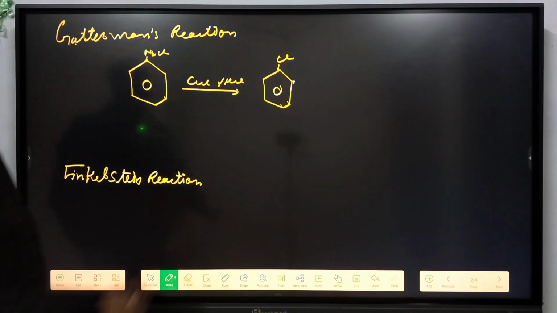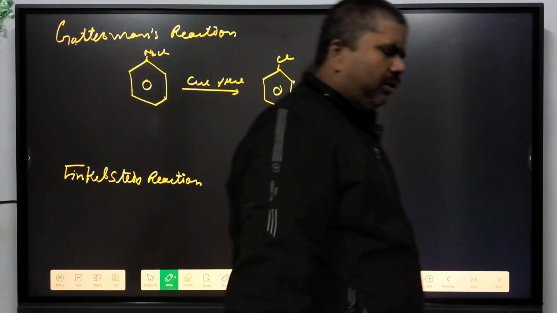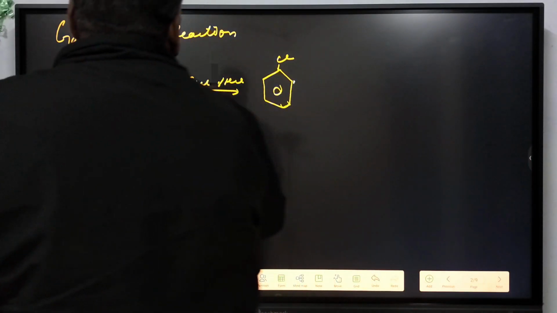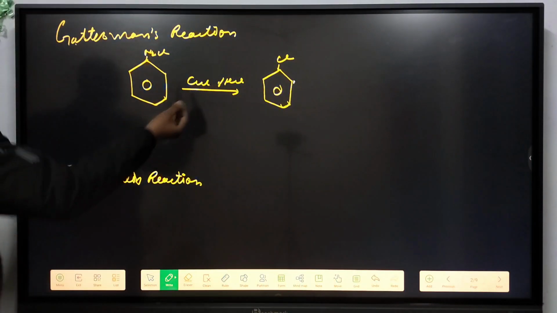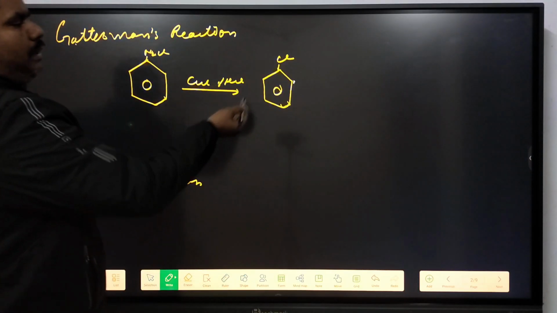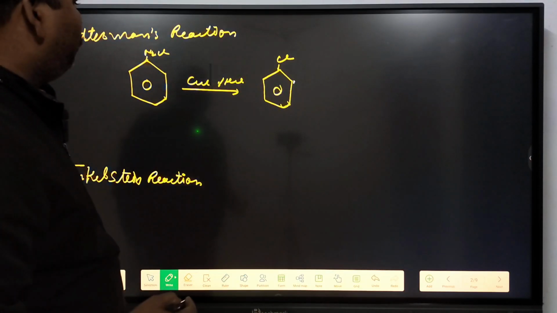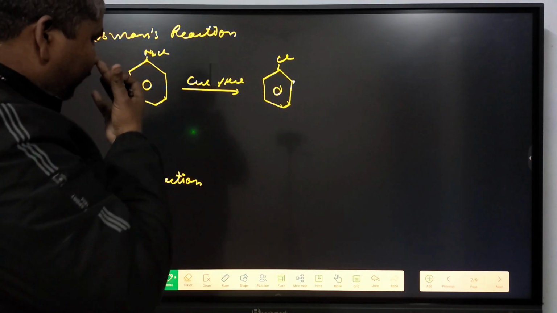The Gattermann reaction and Sandmeyer reaction both are almost the same. There are some basic differences here. Copper reacts with hydrochloric acid and converts into chlorobenzene.